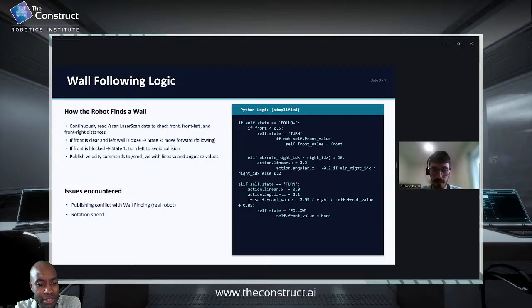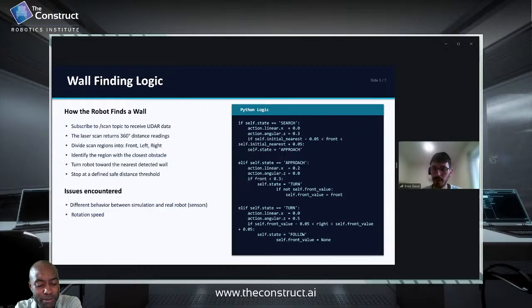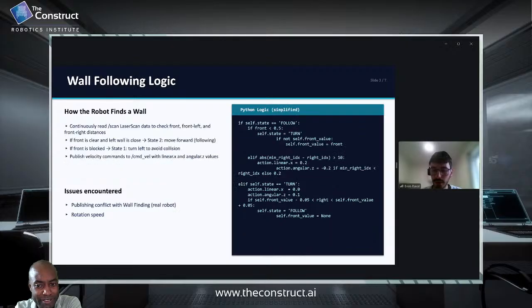So does this mean you were not using state machines before? What do you mean, before? When you realized that both were publishing. Oh yeah, sorry. Yes, I was using a state machine, but I was not unsubscribing.